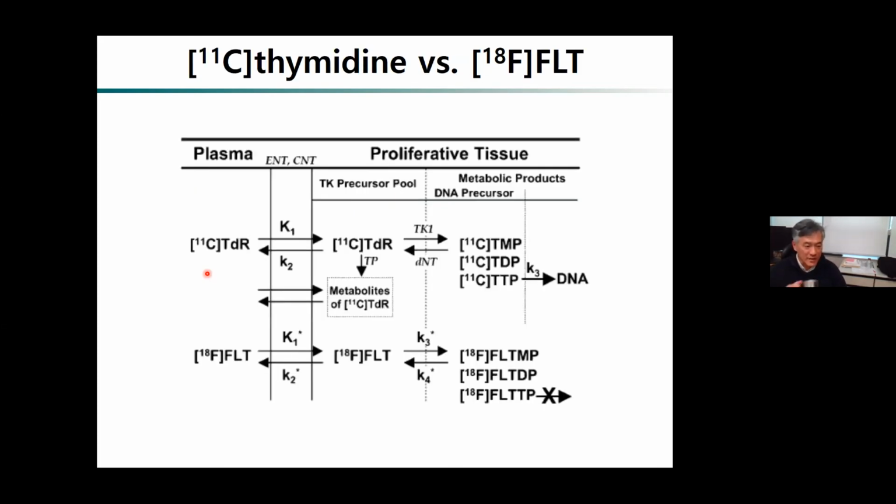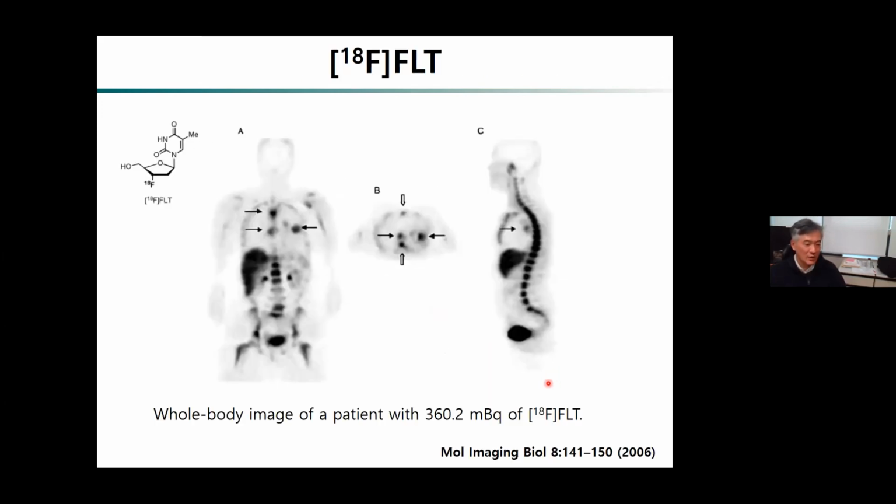Just like FDG, FLT was accumulated after being phosphorylated, and then you can see the high uptake in lung cancer.